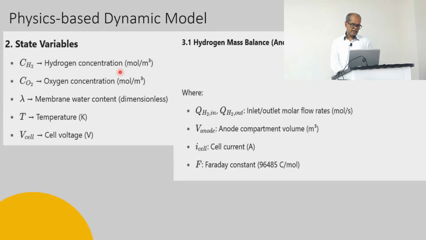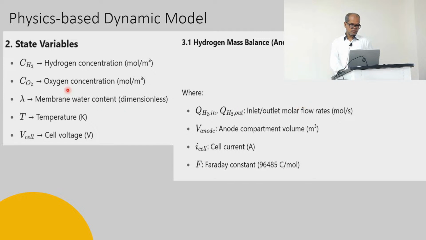Again, using state variables, using the hydrogen mass balance in the anode, you have the flow rate, denoted by Q, flow rate in and out, then your anode compartment volume V, cell current, and Faraday's law. Using that, you can model the hydrogen mass balance in the anode.